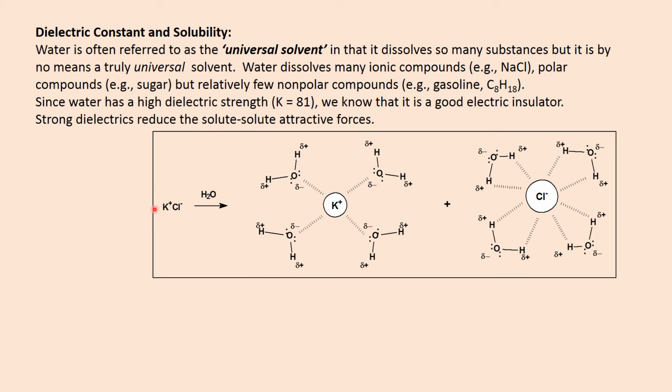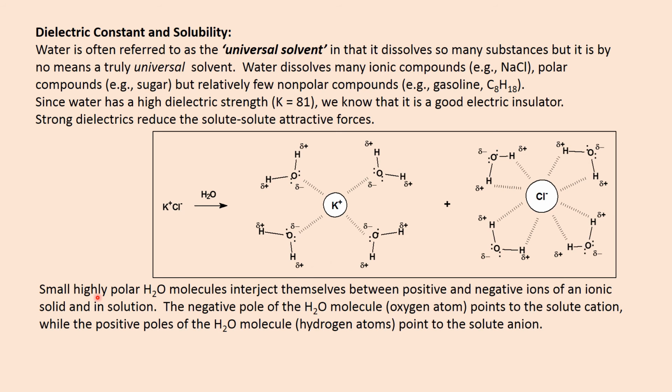This is potassium chloride solid salt in a crystal lattice. When placed in water, it dissolves and the ions are separated and surrounded by water molecules. The small, highly polar water molecules will interject or squeeze themselves between the ions in the solid and in the liquid. Note that the negative pole of the water molecule, that's the oxygen atom, is pointing towards and attracted to the potassium cations.